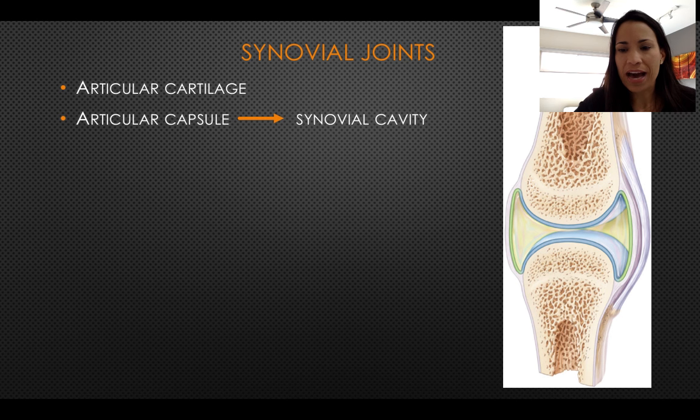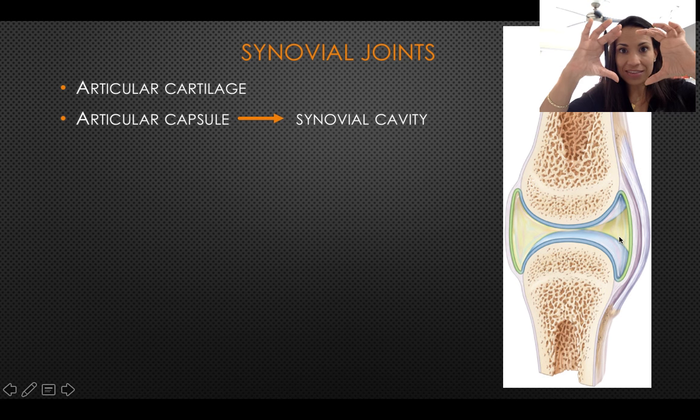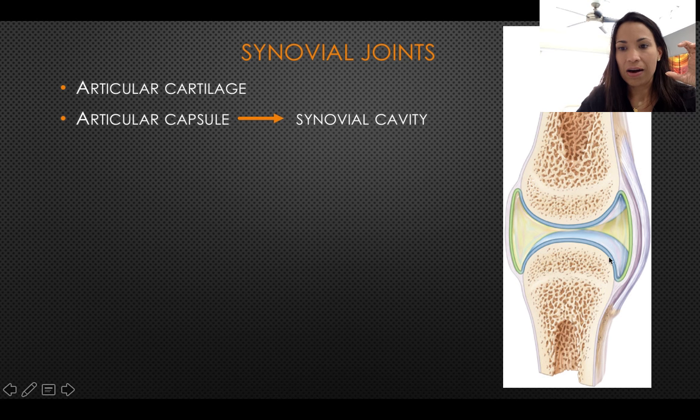What other thing do we have? Okay, we have a capsule. Sorry, the cavity. We said that we have this cavity, which is this space. What creates the space, or the synovial cavity, is the articular capsule here.